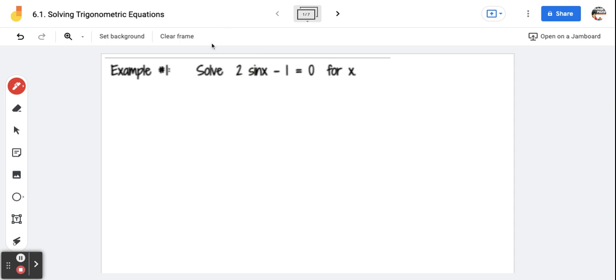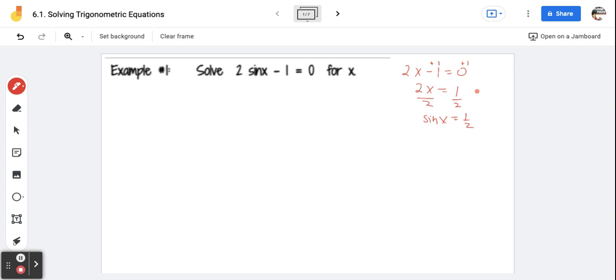So when you look at this equation, you want to treat it just like you would if you were solving 2x minus 1 equals 0. Like I said, this is a pretty elementary equation. You add 1, divide by 2, and x equals 1/2. It's just that instead of it really being x, x is really sine of x.